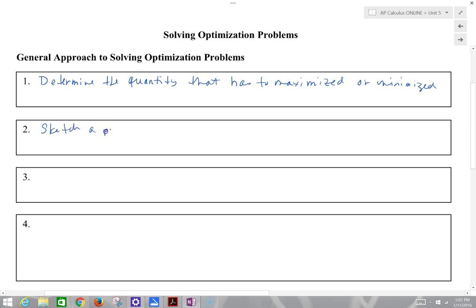Sketch a picture. And identify all the variables or quantities that do not have a value.